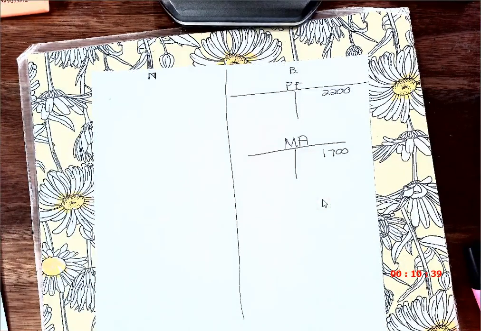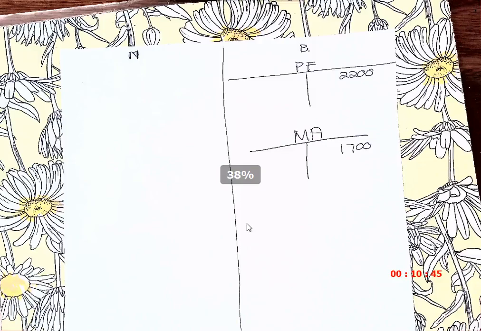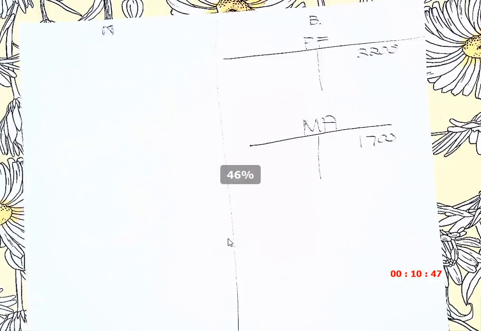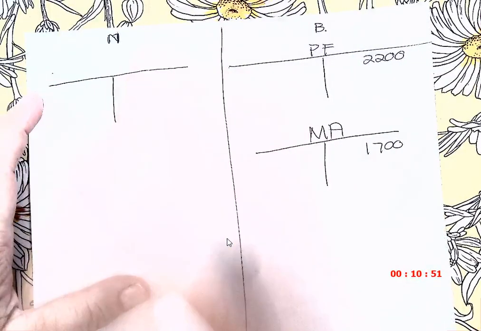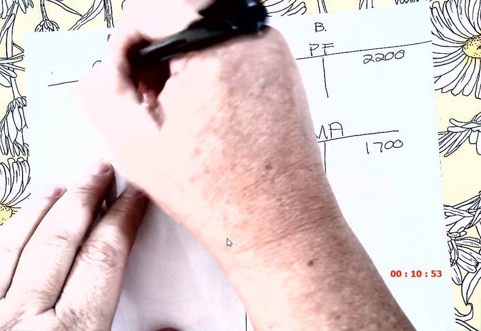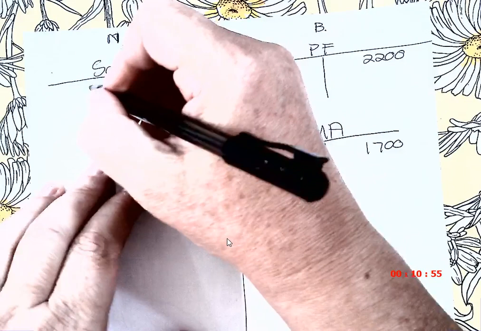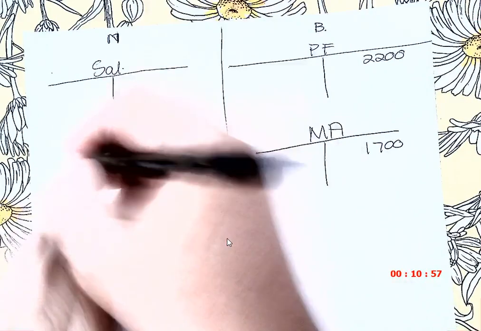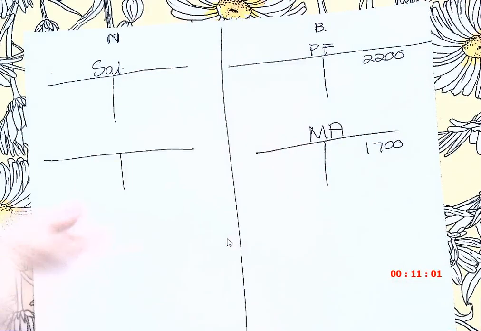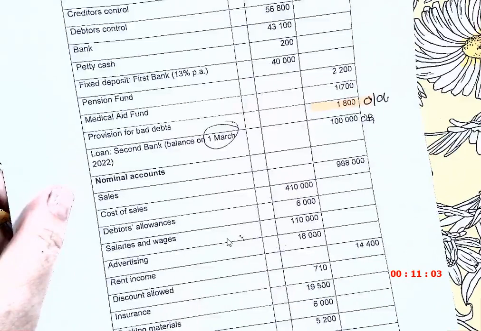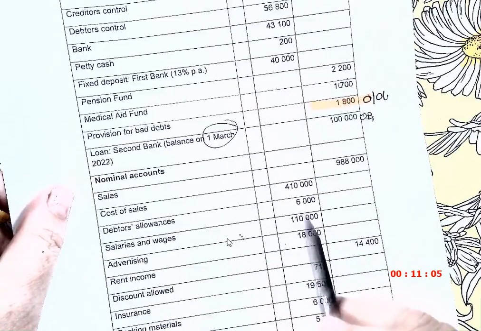I took it from their salaries, but I haven't paid it over to the funds yet. Now, I also have a balance here, nominal section, salaries, which is what? What is my salary balance? 110.